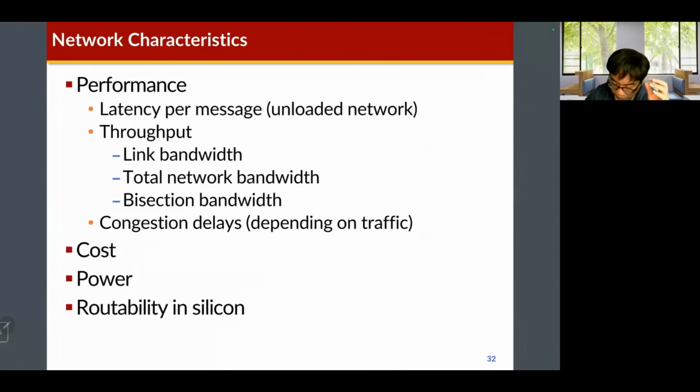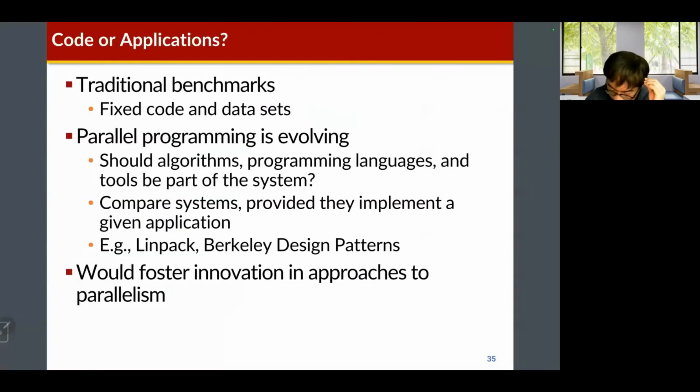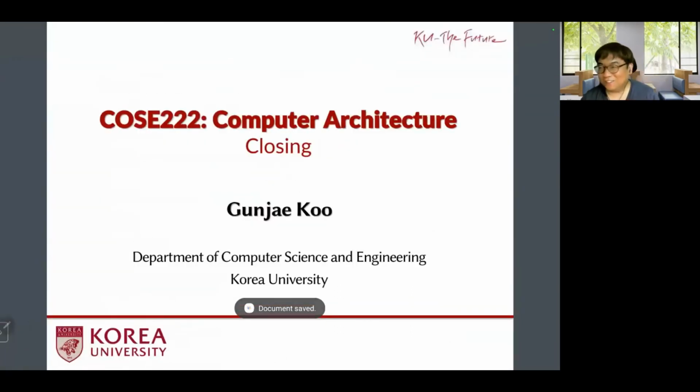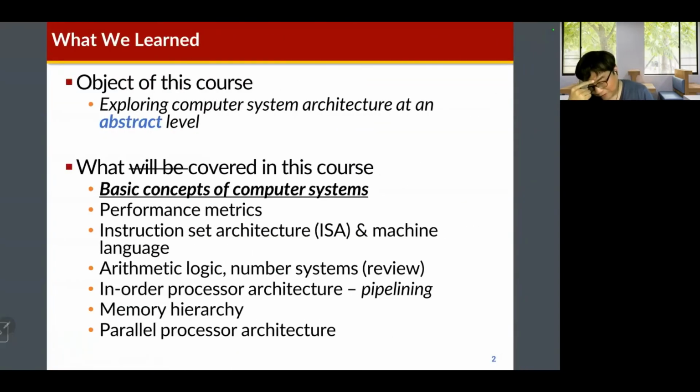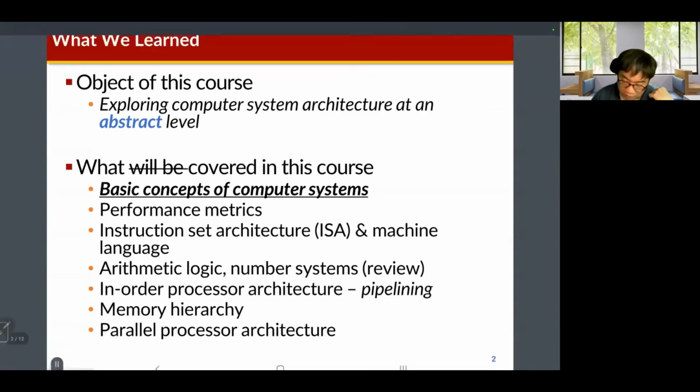So this is the last regular class, and I will close this course. So this was the goal of this course. What is the goal of this course? Exploring computer system architecture at an abstraction level.